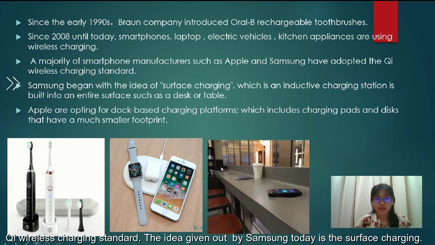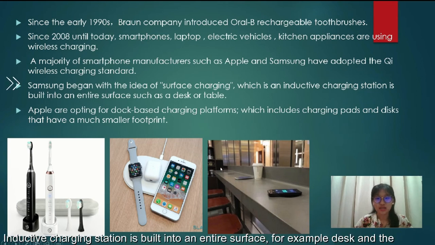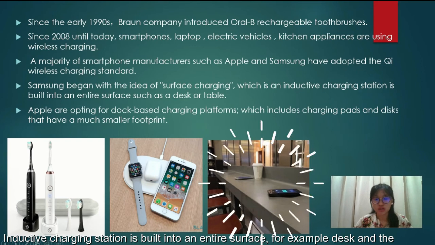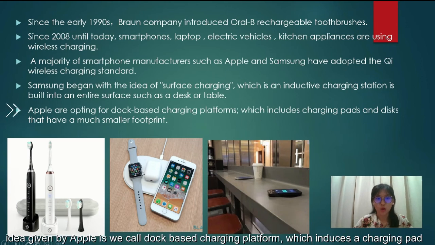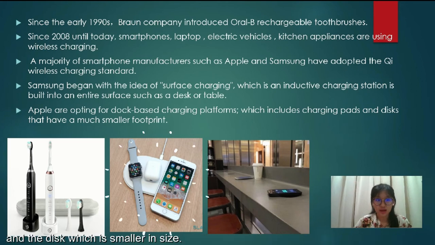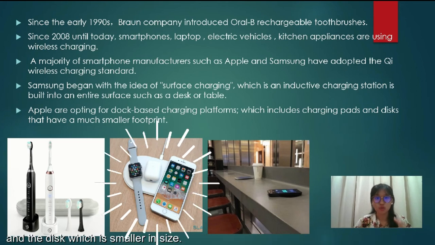The idea given by Samsung is surface charging, where an active charging station is built into the entire surface, for example a desk. The idea given by Apple is a dock-based charging platform, which includes a charging pad and a disc, which is smaller in size.